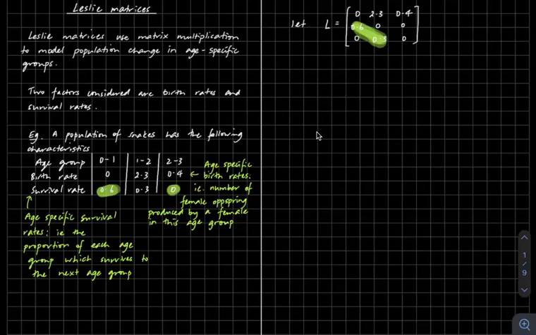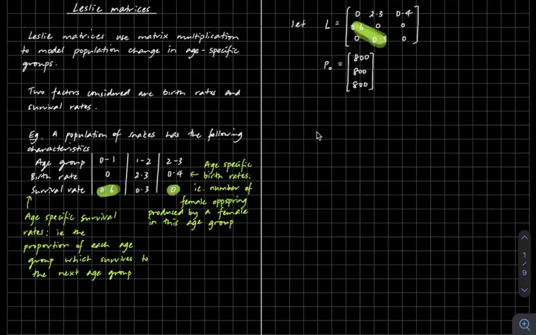So let's also choose an initial population, age-specific population. We'll call that P0. And what we'll find is that it doesn't actually really matter what we put here, but let's just put even numbers. So in the example I'm borrowing from, they put 800 in each of those age groups.